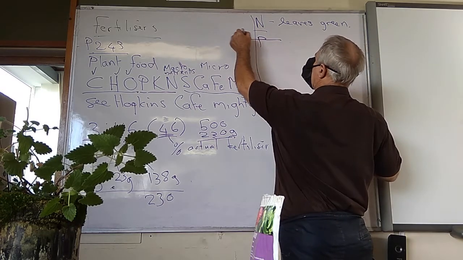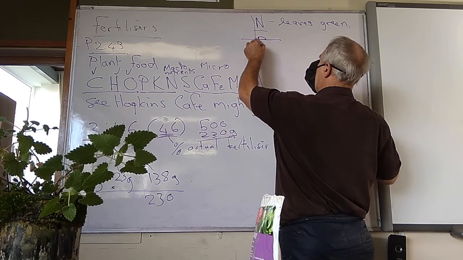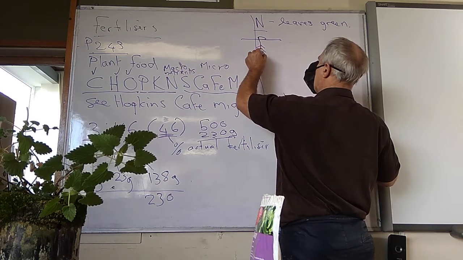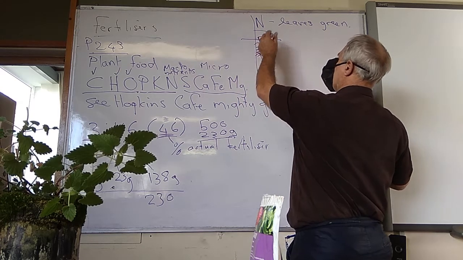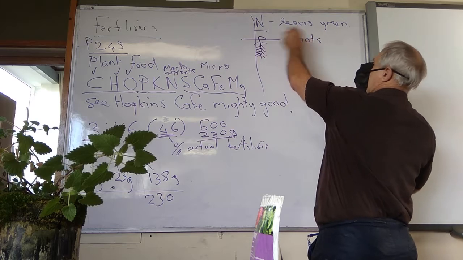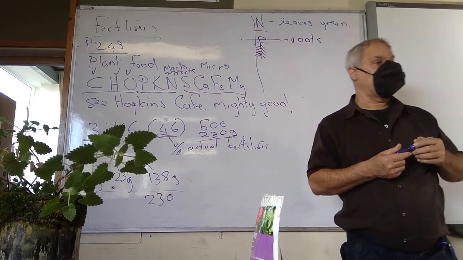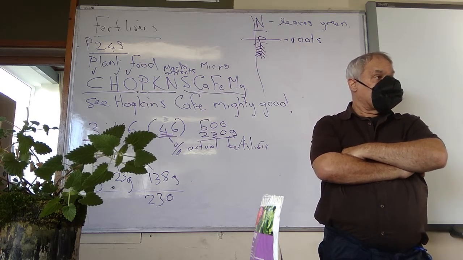A root. The P looks like a root. So for root crops, phosphorus is very important. Are you never going to forget it? Okay. P looks like a root, and it's good for roots.